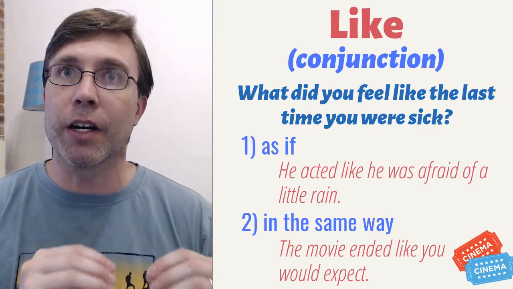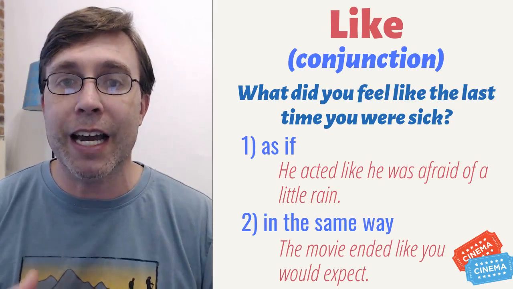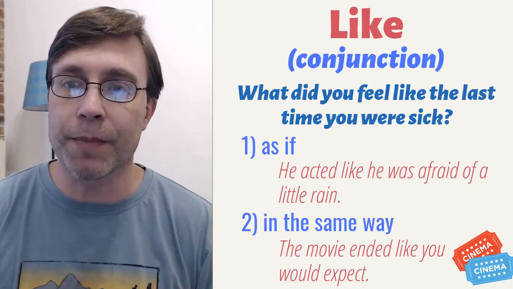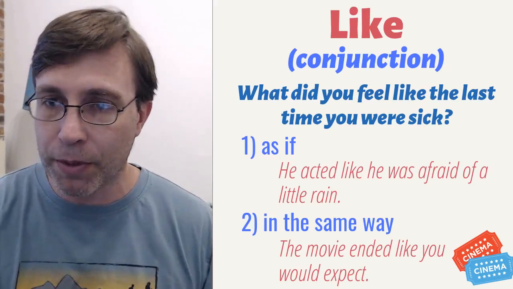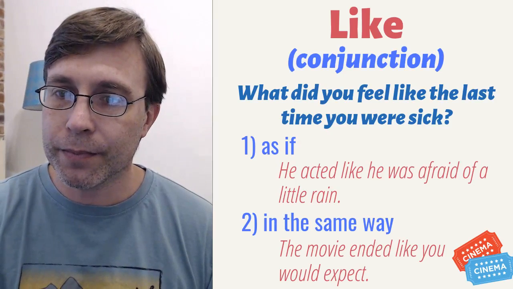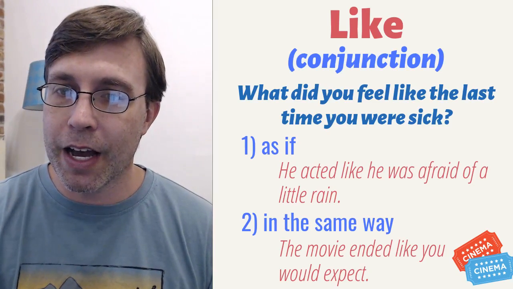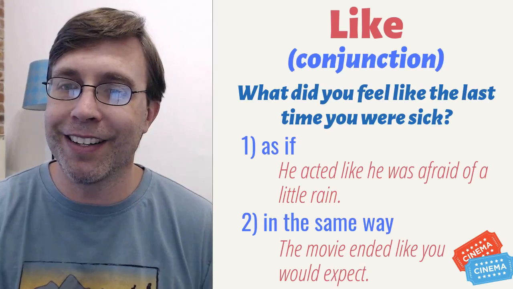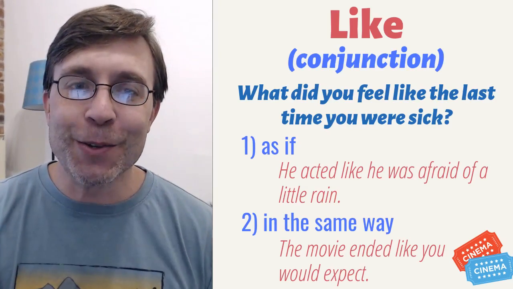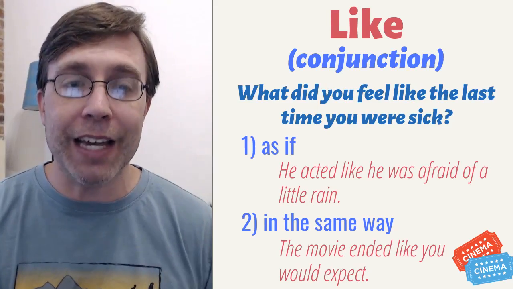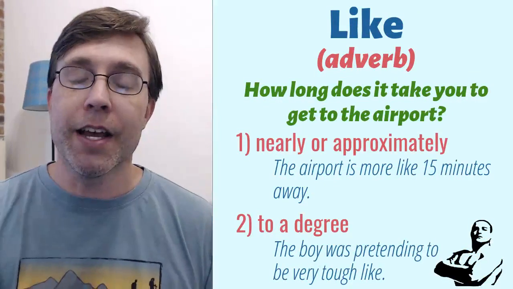You need that other clause there. I felt like I was under a train. I felt like I was falling from a plane. Let's see, I felt like I was a living dead. Okay, all right. Those are good examples. Again, you're using "like" as a conjunction.